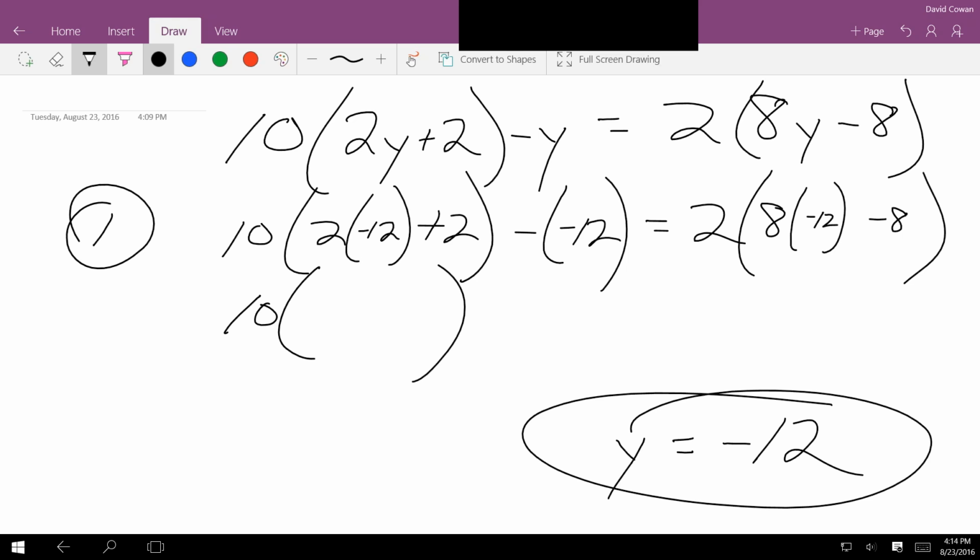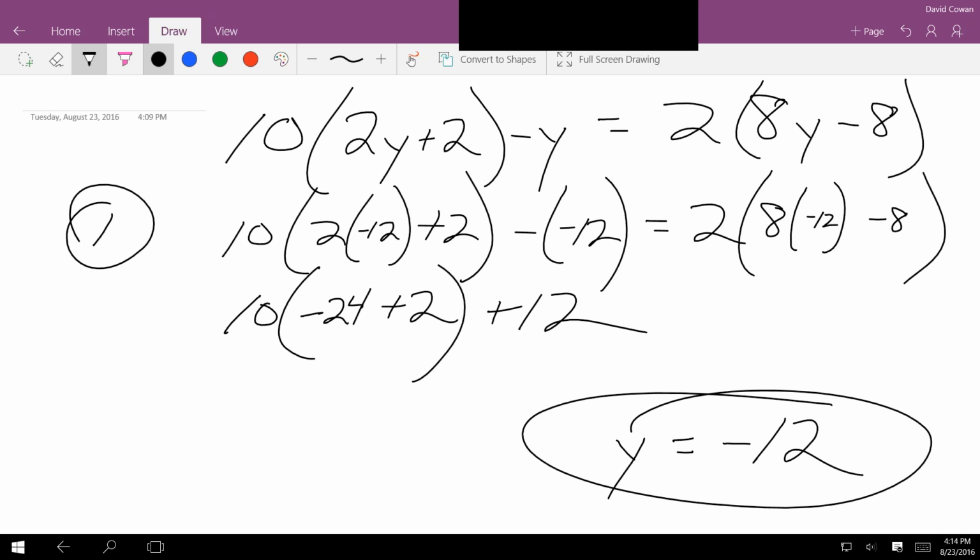What's 2 times minus 12? Negative 24. Plus 2. Mm-hmm. And then I can get rid of this parentheses by just combining my two negative signs. Okay. Well now, let's finish the left side.